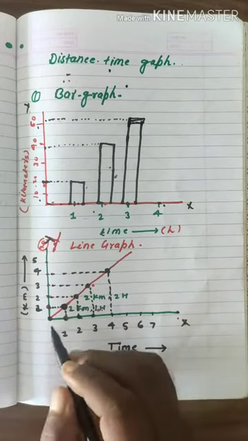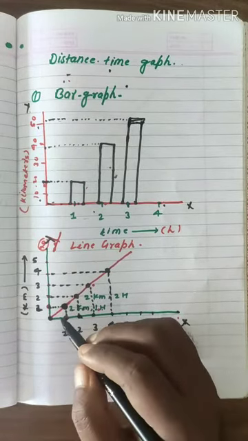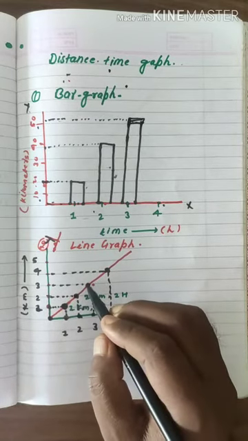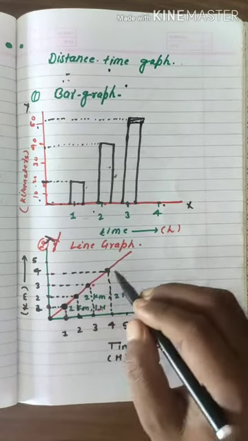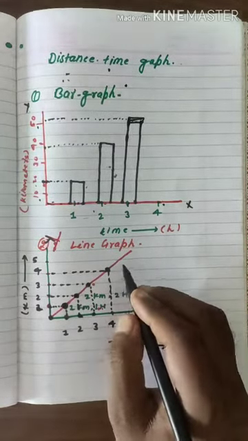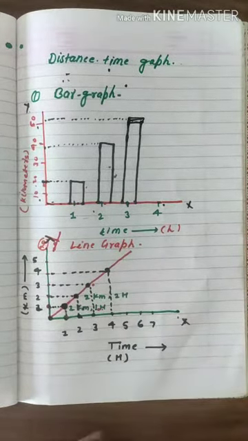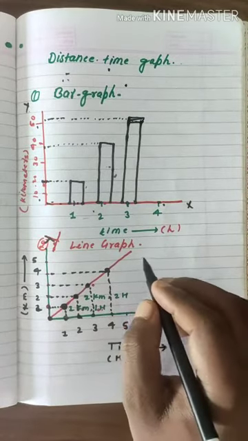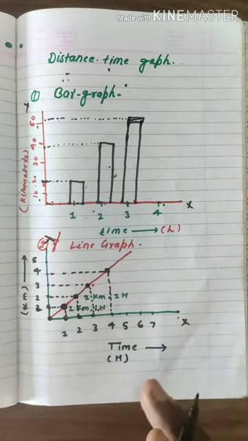We can plot here, student. When we connect these dots, we find a straight line. So student, it is an example of uniform motion.